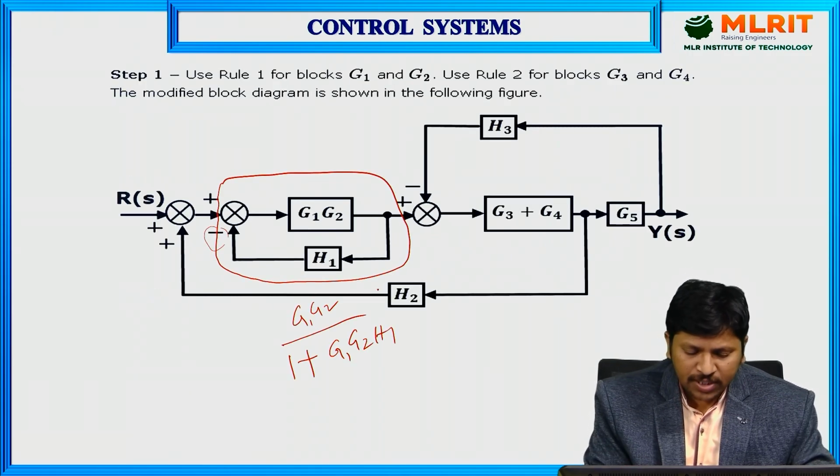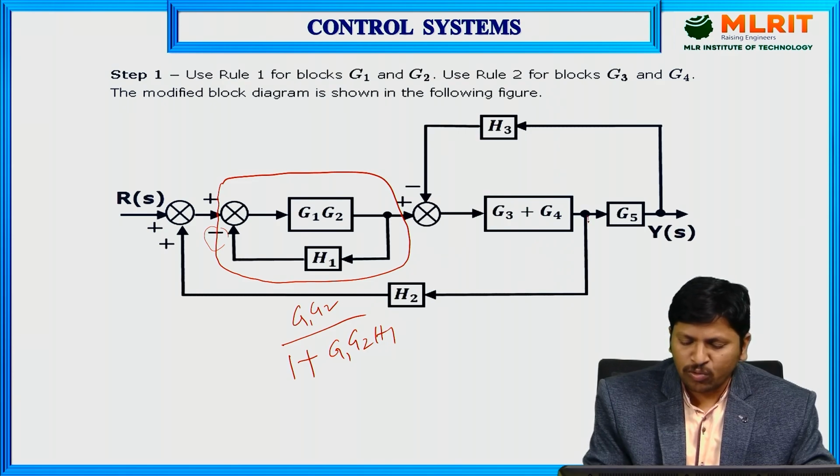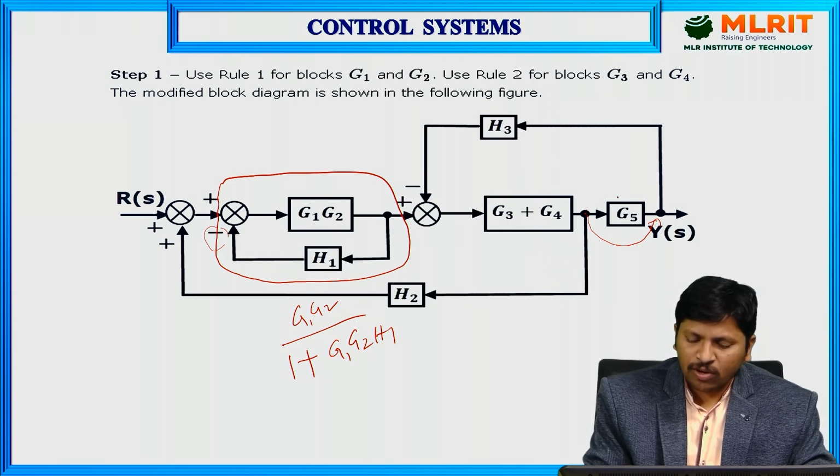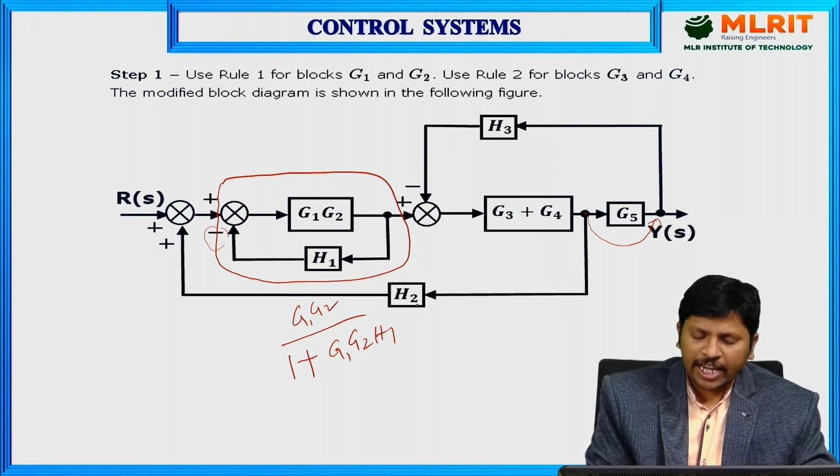Here H2 is the feedback signal. Now the feedback signal is moved to after the G5 block. This is a take-off point, moving to after the G5 block. H2 is moving, so what is the value in this block? The G5 value is considered in the denominator with the H2 value.